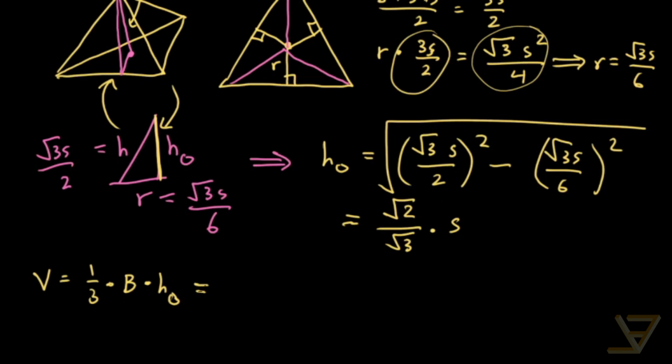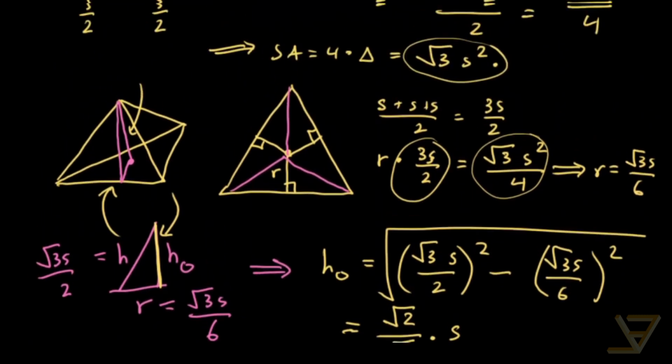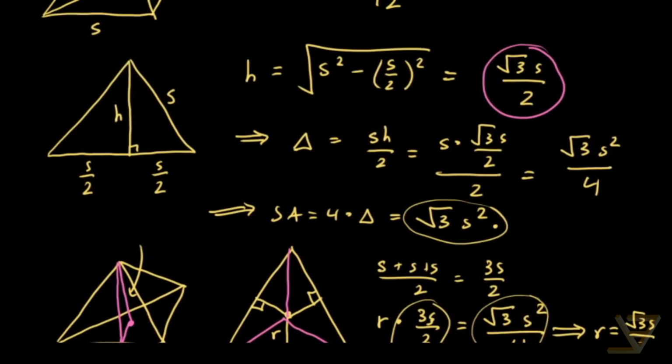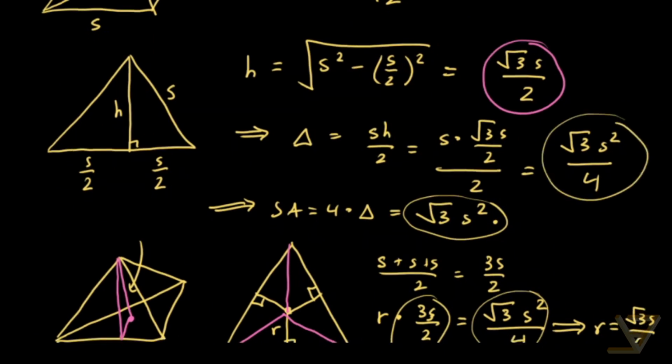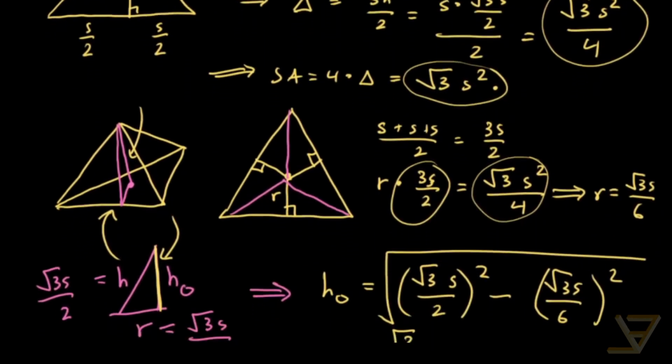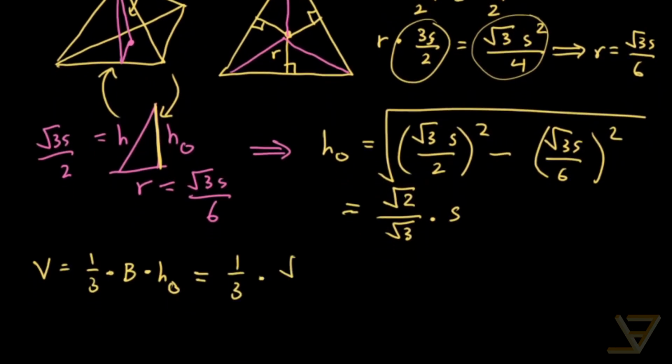So we're not going to prove that, but we're going to use this formula to get that it's equal to 1/3 times the area of a base, which is an equilateral triangle. And we have that over here. So square root of 3 s squared over 4 times the height, which is square root of 2 over square root of 3 s.